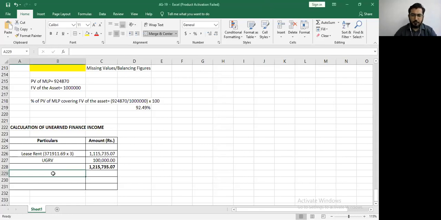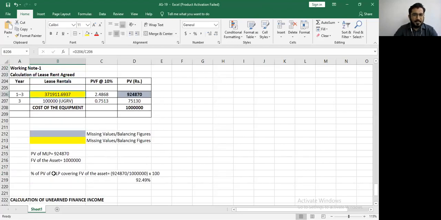Okay, your attention on what I'm writing. What is the present value of your investment in the question? आपने जितना पैसा इन्वेस्ट किया है उसका प्रेजेंट वैल्यू क्या है? Look at this. 3,71,911.69. उसका प्रेजेंट वैल्यू आता है 9,24,870. सामने unguaranteed residual value is 75,130.